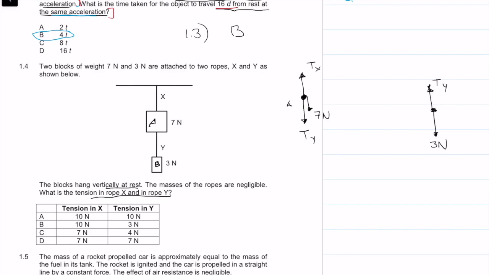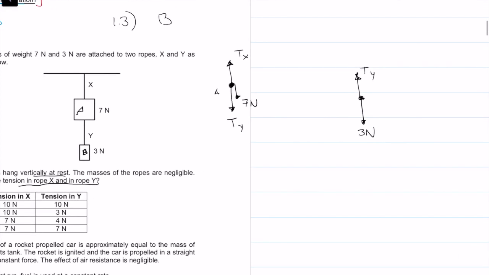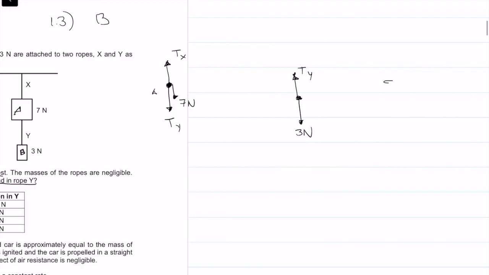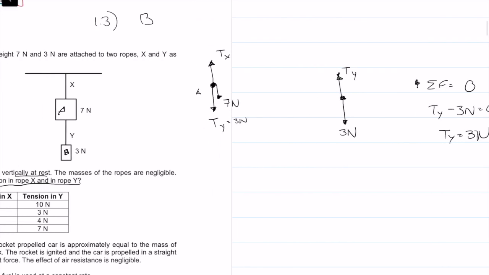We know that it's at rest, so for this first one we can say that the sum of the forces in the upwards direction is equal to 0, so Ty minus 3 newtons is equal to 0, so Ty is equal to 3 newtons. We can do a similar thing for box A. The sum of the forces is equal to 0 because it's at rest.